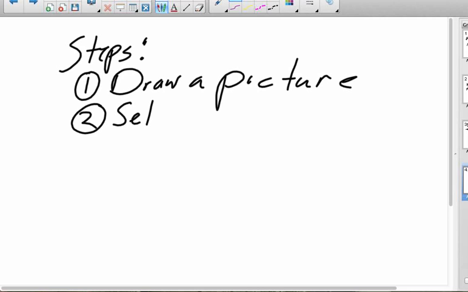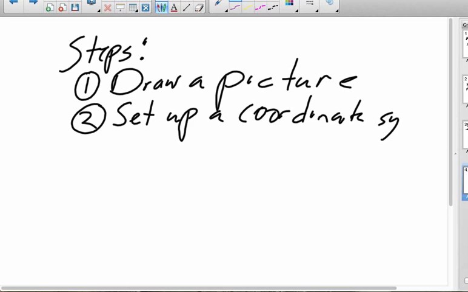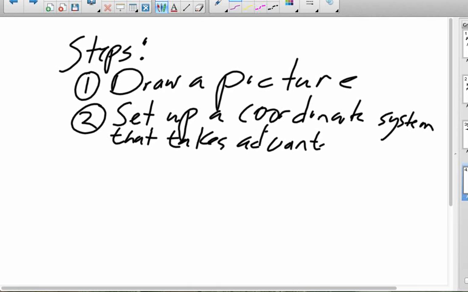Then you need to set up a coordinate system, because one is usually not given to you, that takes advantage of symmetries.